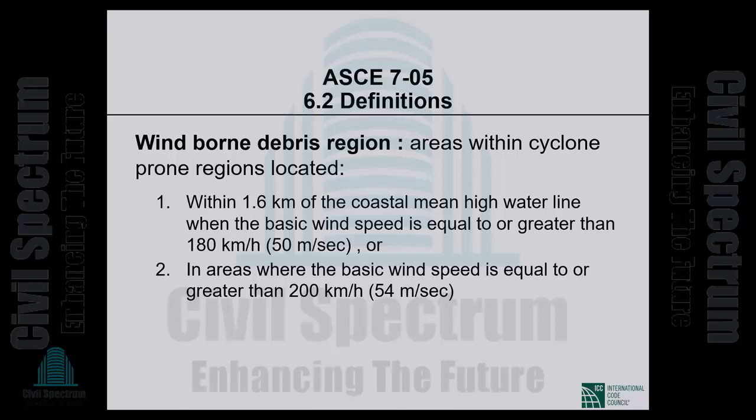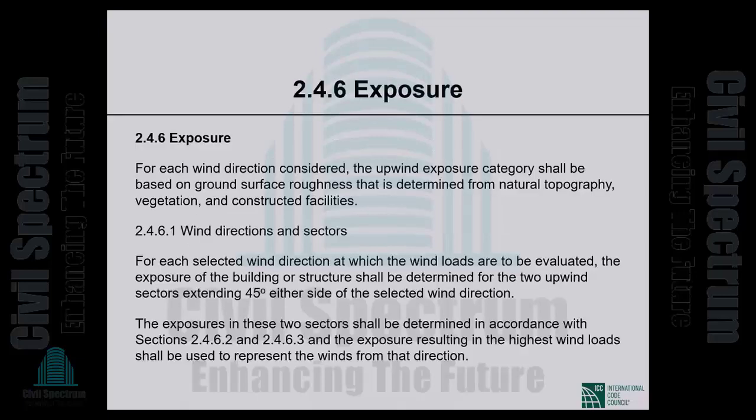Within a cyclone prone region, if the wind velocity is more than 54 meters per second, you have windborne debris region. And within 1.6 kilometer, a mile of the coast, if the wind speed exceeds 50 meters per second, you have windborne debris region. Okay. For windborne debris region, we have major requirements that the glazing in the lower 60 feet of the building height be protected, and those will be coming up, you will see.